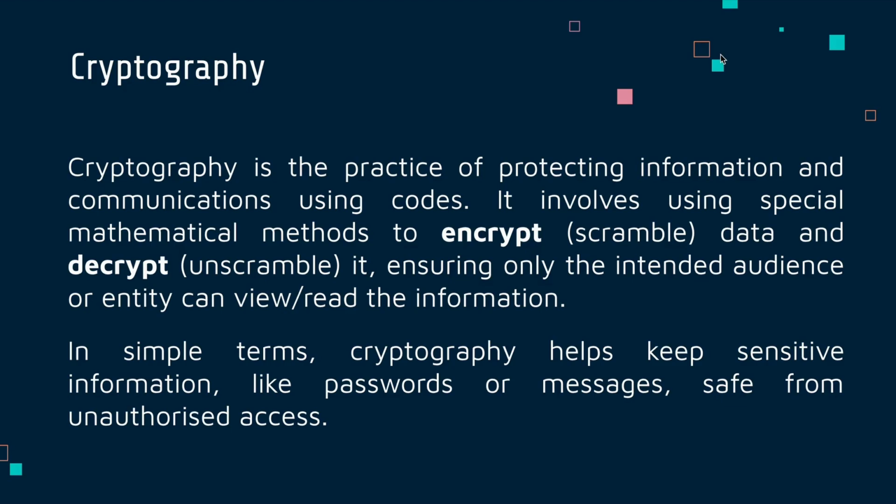What that looked like in 1900 BC, or even the very famous Julius Caesar cipher, to what it looks like now has changed. But essentially, the same intention is there, that only the intended audience or entity can actually read or view the information, and should something go wrong, things are protected to a certain level.